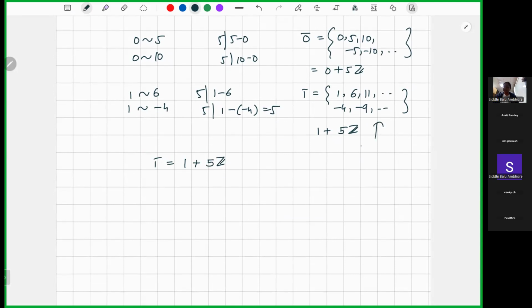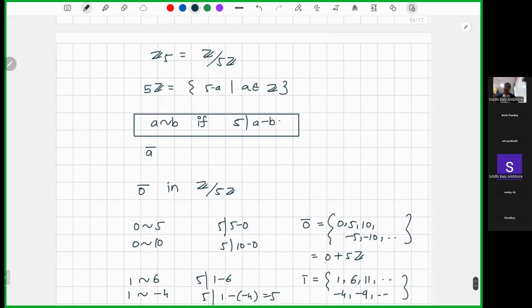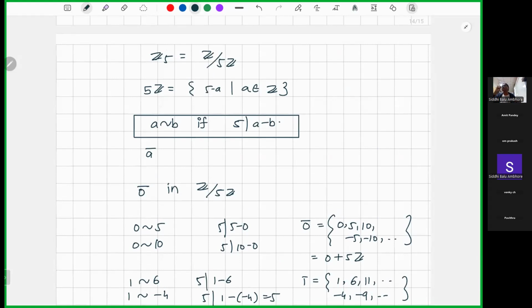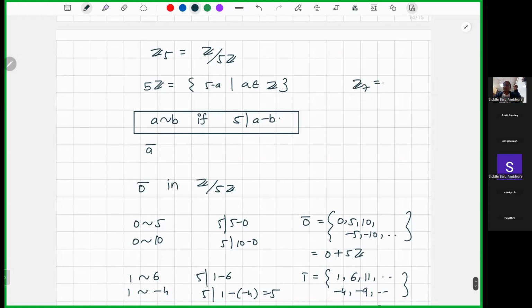This is the equivalence class under the relation A related to B if and only if 5 divides A minus B. Similarly, Z7 and all other equivalence classes work: 7 divides A minus B, and so on. Is the bar okay?